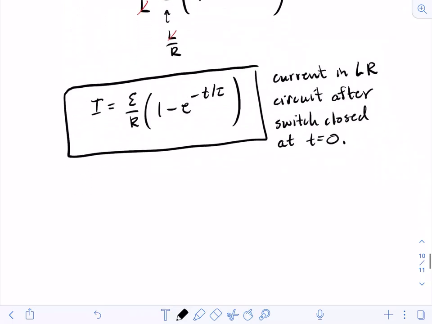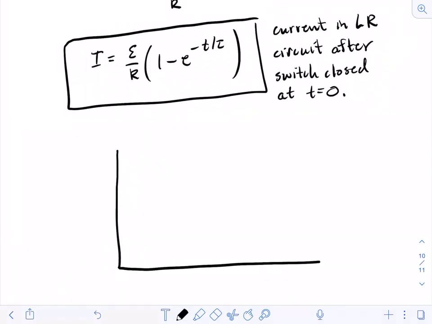If we made a plot of this, at very long times, a long time after the switch is closed, we'd get e to the minus a really large number, and e to the minus a really large number is 0. So the exponential goes away, and we just get the EMF divided by R. It's like the inductor is not in the circuit anymore.